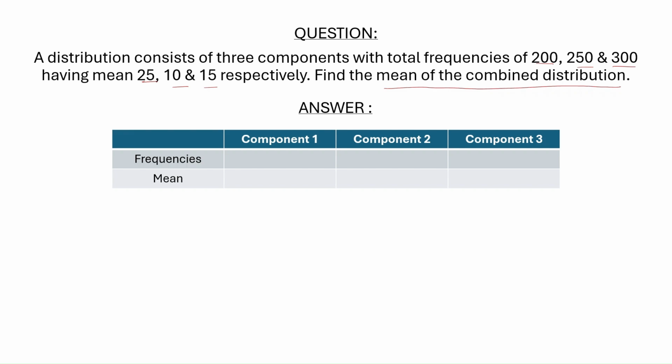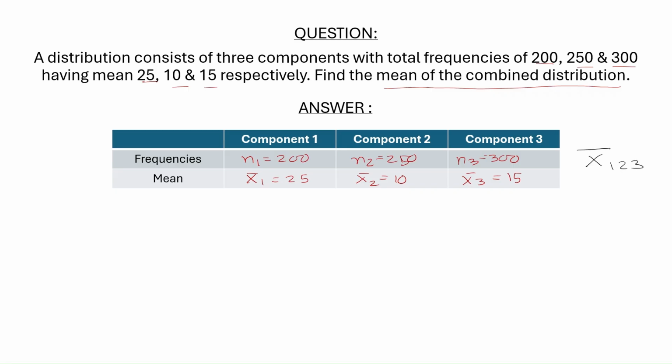We know the frequencies of the components: n1 is equal to 200, n2 is equal to 250, and n3 is 300, all given, and the respective means are x bar 1 is 25, x bar 2 is equal to 10 and x bar 3 is equal to 15. We need to find the combined mean. We can denote the combined mean as x bar 1, 2, 3.